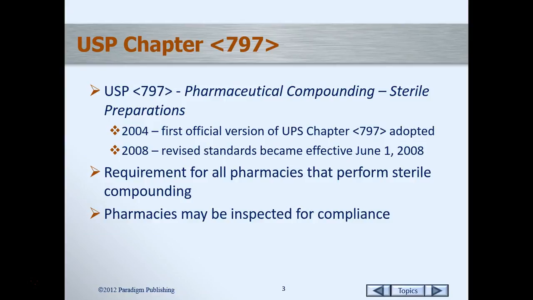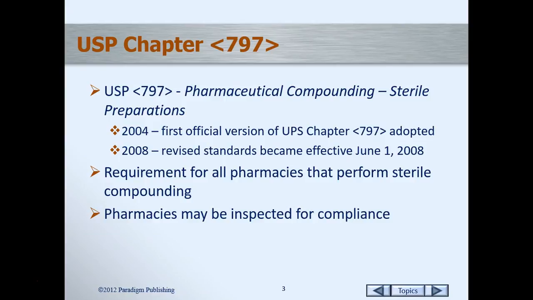So, as I've stated previously, in USP, or the United States Pharmacopoeia, whenever there are guidelines or chapters written, anything that is under 1,000 is deemed enforceable. Anything over 1,000 is considered to be general guidelines. However, in the absence of any laws, the general guidelines kind of become the law.